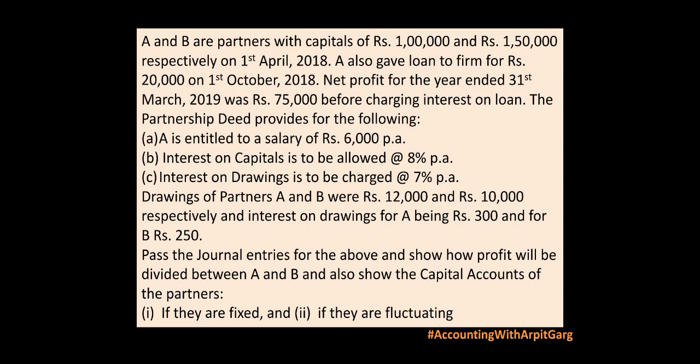Okay, but I am going to solve this question only according to the fixed method. The second part of this question, that is according to the fluctuating method, you please solve by yourself, as there is nothing changed in that except for the opening balance of capital. Let's begin.